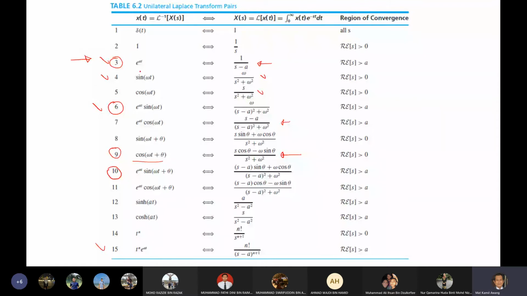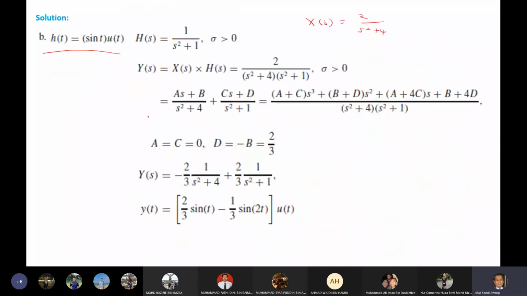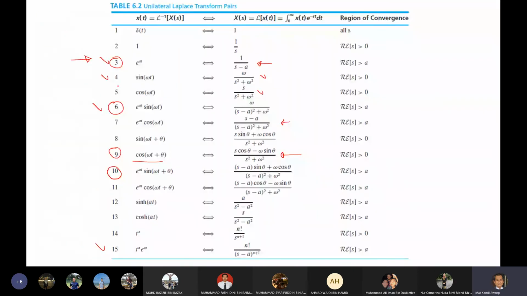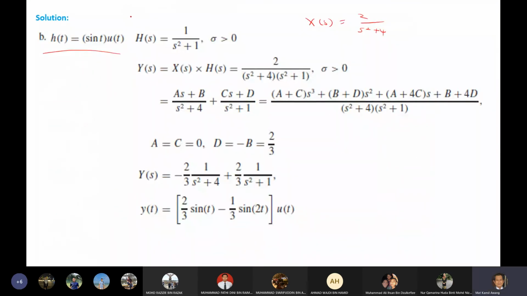Wait, this sine just now, right? Sine of t. Sine of t. So number 4, right? We use number 4 from the table 6.2, right?